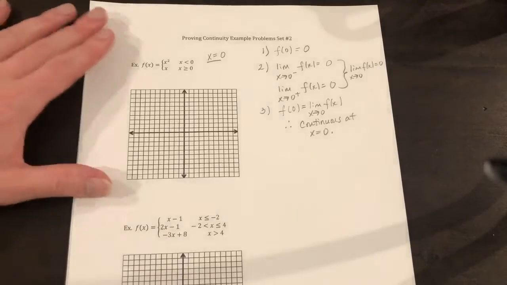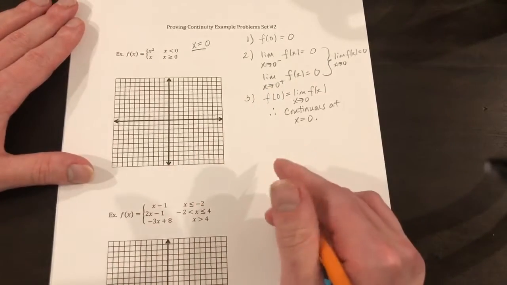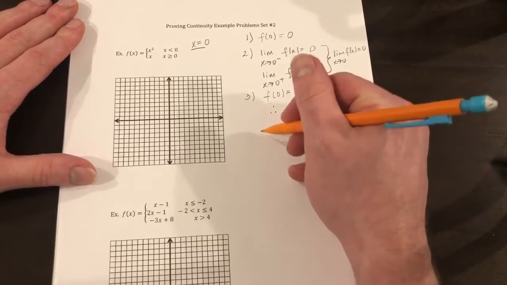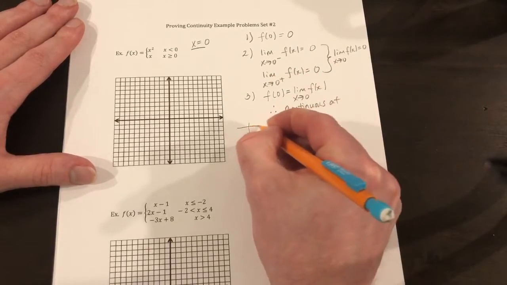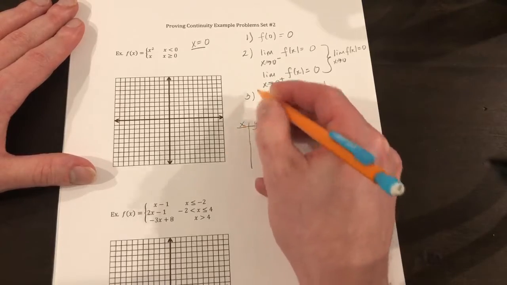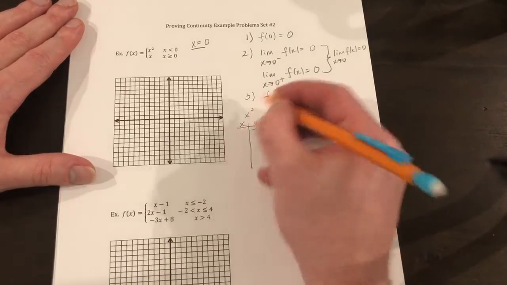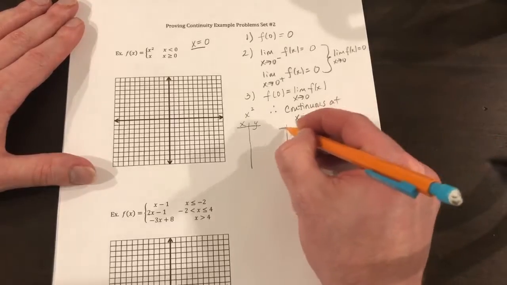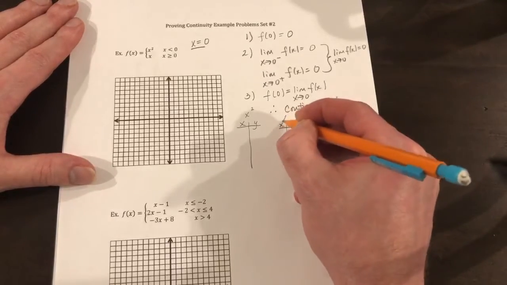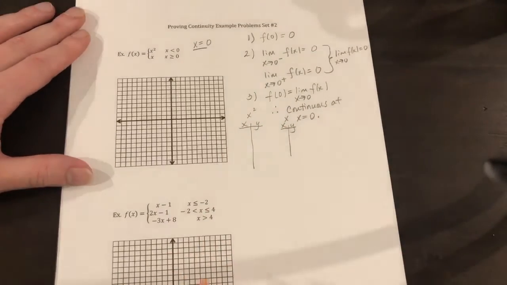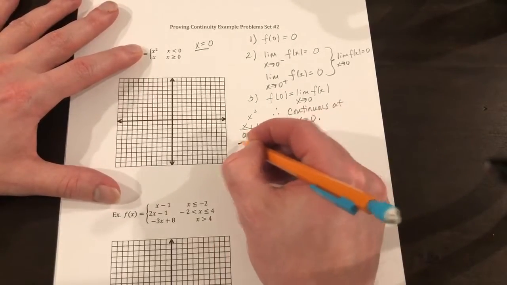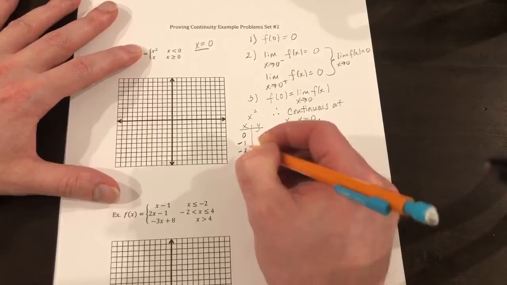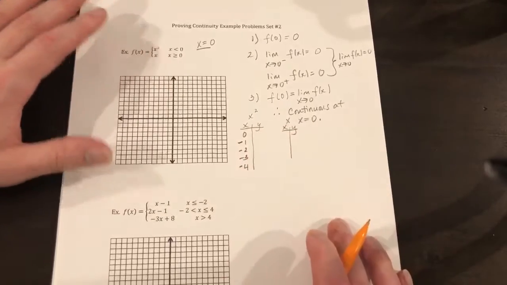Now, when we go to graph this, let's do our t-charts. Make sure I'm saving some room for the next problem. x squared, and then x. So if I'm plugging in, we're starting at 0, we're picking values less than 0.